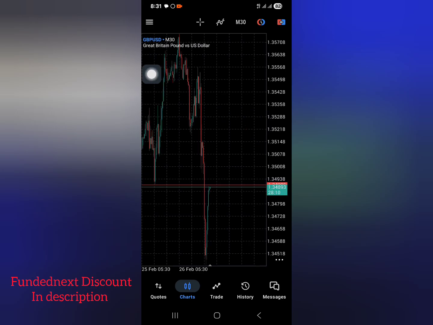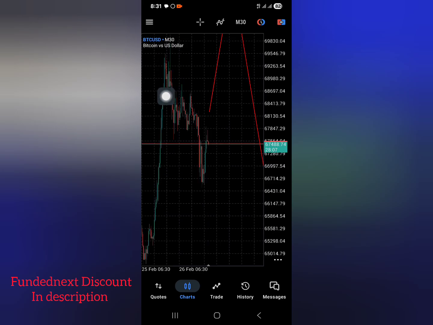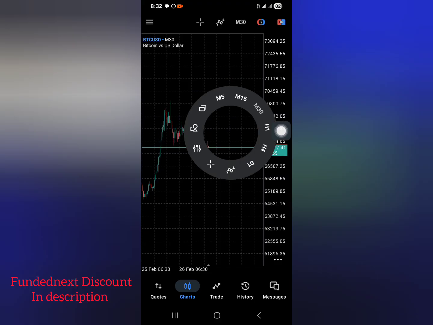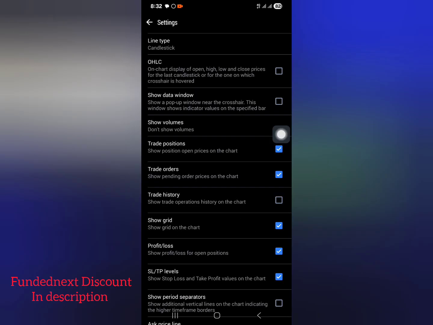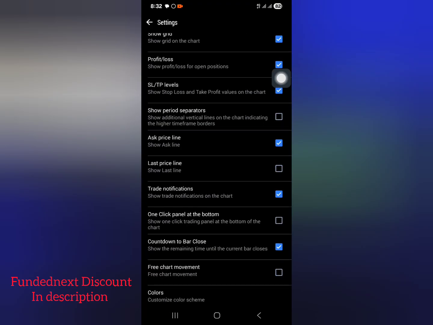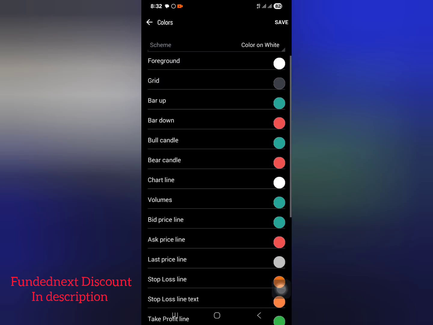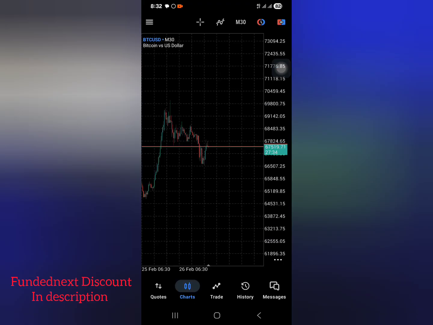If the person wants to delete a drawing, delete the drawing from the chart. To change colors, scroll down to the colors and choose the colors you want for the chart, then save.